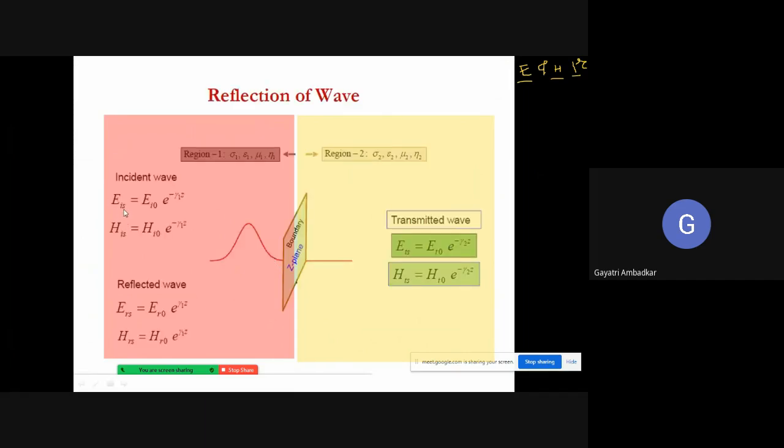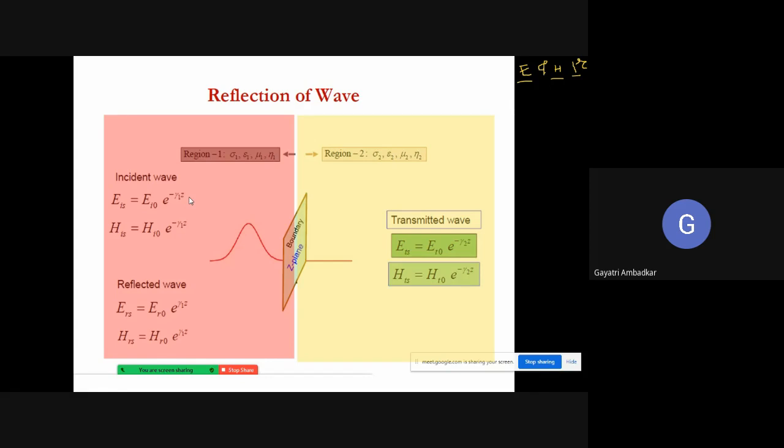So this is EIS, indicating the incident electric field. HIS indicates the incident magnetic field. How will you represent a field which is traveling in the Z direction? Let's take its amplitude EI0, and it is traveling. So we used to represent a waveform as e raised to minus gamma Z. What is gamma? Gamma is a propagation constant.